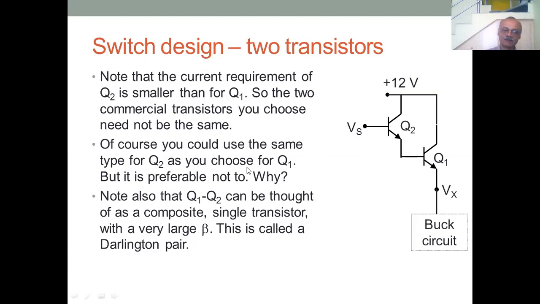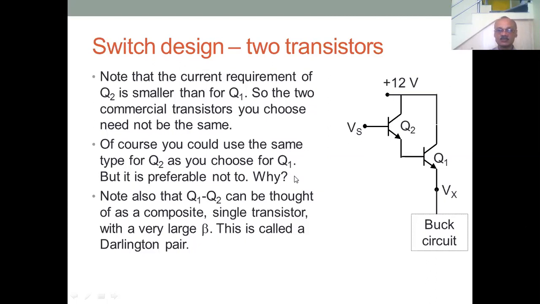Why would you not choose Q2 to carry 4 amperes when the requirement is only 40 milliamperes?